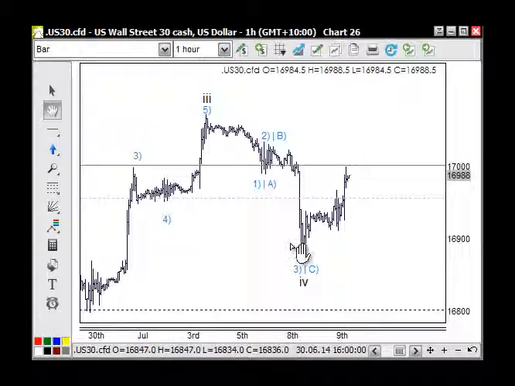The Dow Jones is the same as well. It's got 3 waves down here, a bit more clearer. It needs to penetrate through the 17,000 there to create this as an A and a B and a C. One of the other points here too is the Dow Jones Transports, one of my favorite things that I look at when I'm a bit lost to see what's happening.